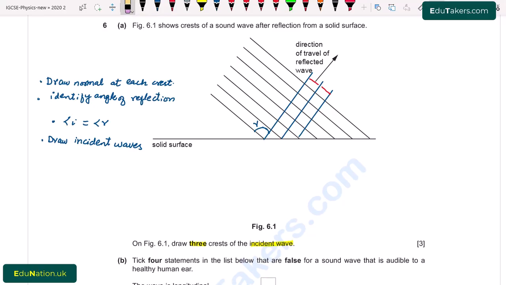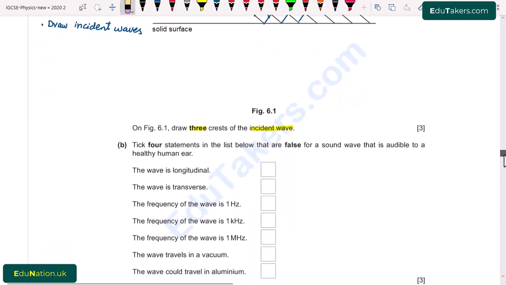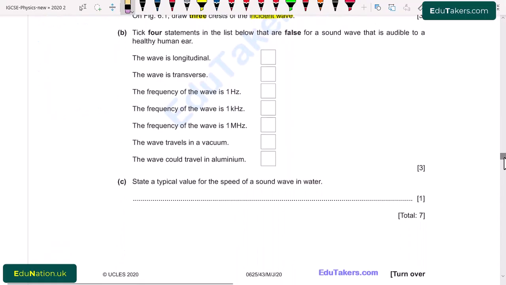So moving towards the other part of this question. Part B. Tick 4 statements in the list below that are false. We have to tick the false statements for a sound wave that is audible to a healthy human ear.